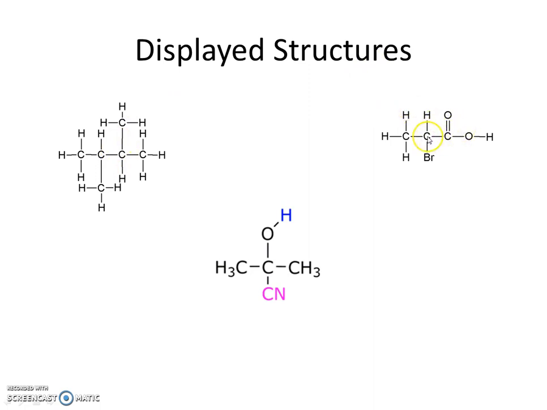For the 2-bromopropanoic acid, on carbon number 2 we've got a bromine, a hydrogen, a methyl, then a carboxylic acid functional group. So we've got 4 different groups here, so that carbon is chiral. If we look at this molecule here, you've got 2 methyl groups, a nitrile and an OH, so because you've got the 2 methyl groups, it is a non-chiral carbon.